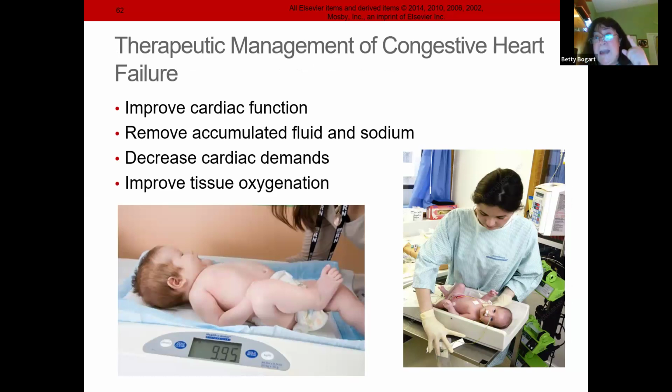You're going to see a weight gain because they're keeping fluid, all this extra fluid going to their lungs. Look at them clinically, they're tachypneic, tachycardic, maybe retracting, nasal flaring, grunting, and you're like, what's happening? Put them on a scale, and oh my goodness, they've gained 6 ounces or whatever it is, which is quite a bit for an infant overnight.